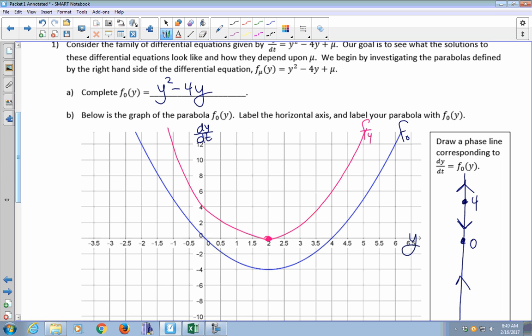When mu is 5, that means I would take this f sub 0, the original f sub 0, and shift up 5 units. So that would land me right here, and I've got this green parabola.